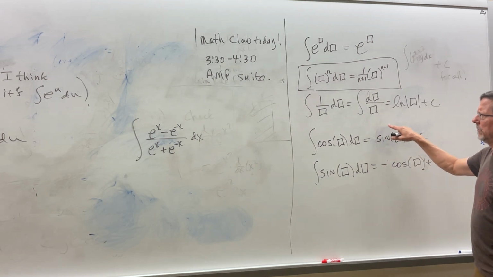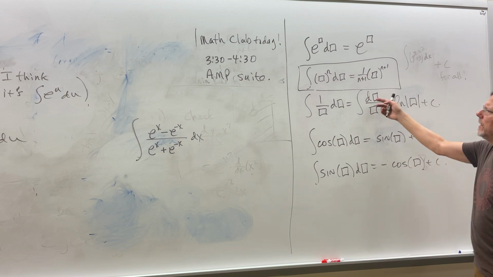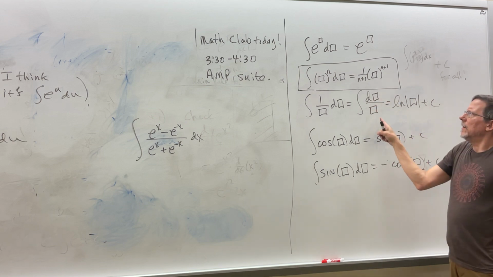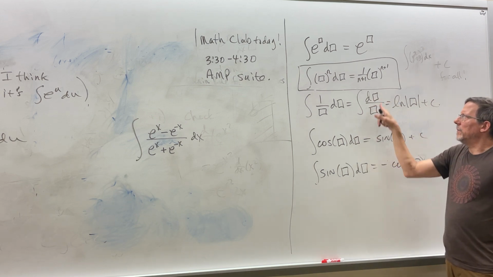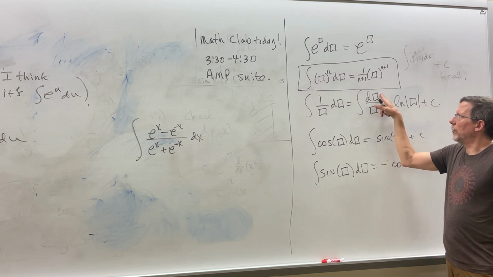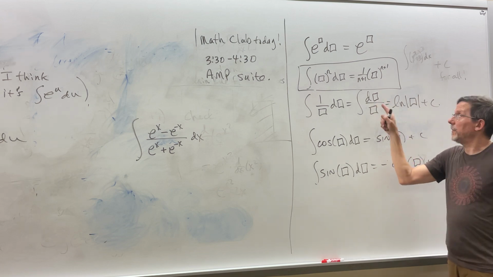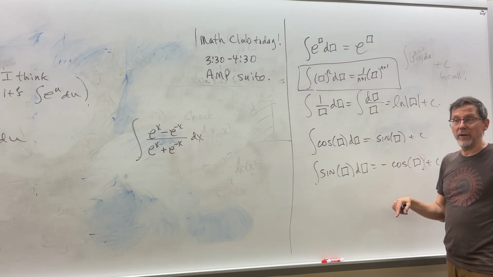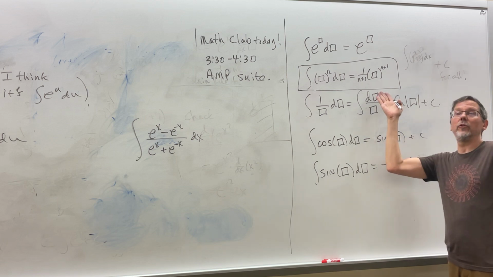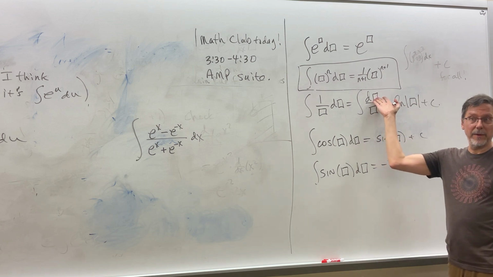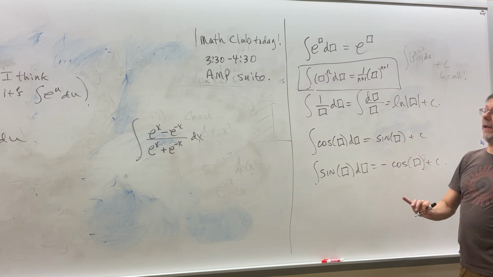Explain more what you mean. The d is implying just dx, that derivative, dt, d something. This is the denominator, and this is the derivative of the denominator on top. That's just the way to read that. There's a thing on the bottom and its derivative on top.